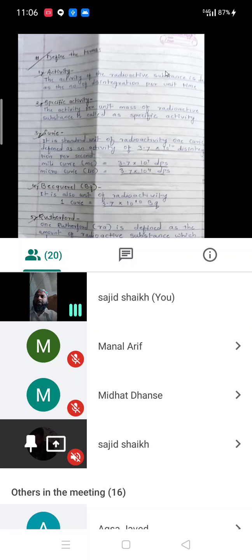Now we have to talk about these different terms. In that, we have talked earlier about what is radioactivity and what is the decay constant, or say disintegration constant. Okay, then what will be the unit of radioactivity?